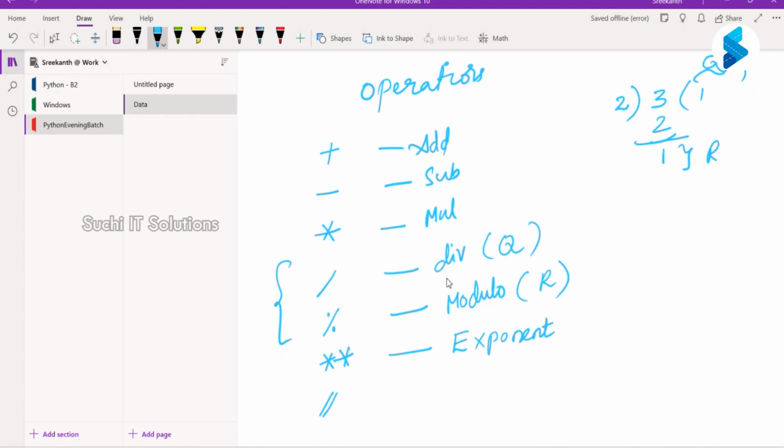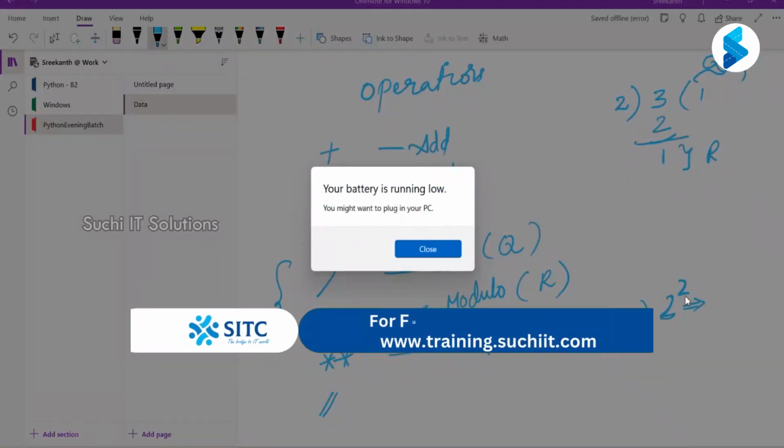And double star is basically called exponent. What is exponent? What is the meaning of 2 power 2? It is 4.